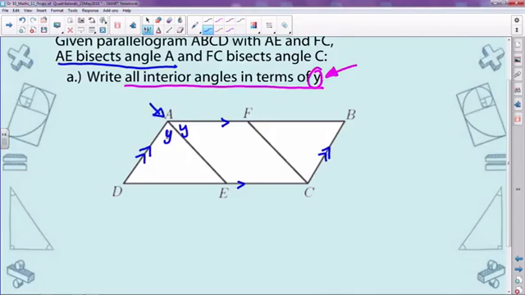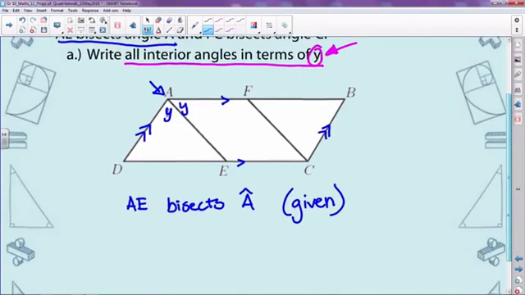How do we write this? Well, we start by saying AE bisects angle A. So I'm writing down a whole story. So there we go. And how do we know this? Because we were told this. So we were given.